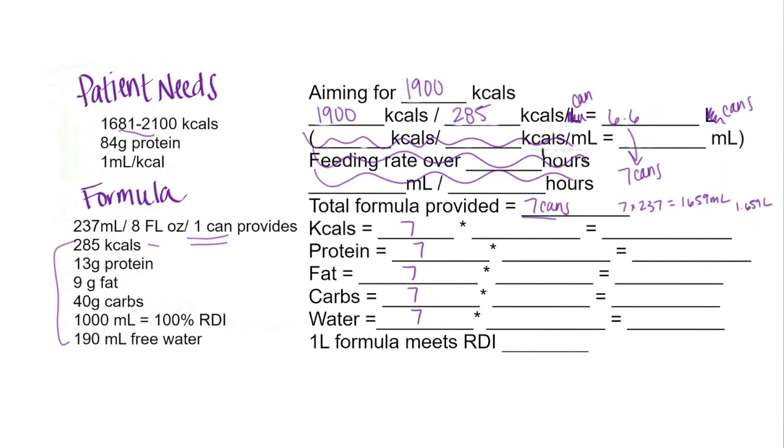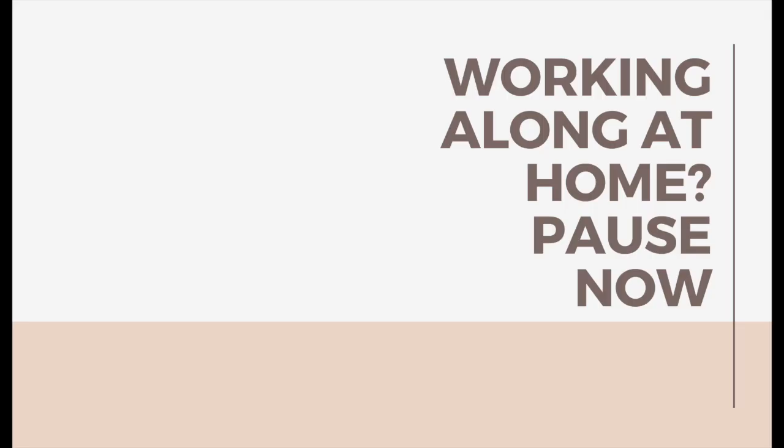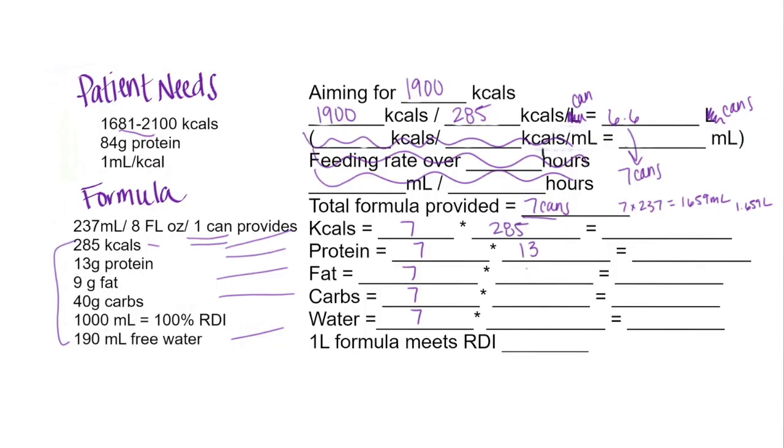And just like our last two examples, these all have lines straight across you can draw, and you can just put all of those next sets of numbers into these blanks. So as you can see, just as quick and easy as the last ones, multiplying the number of cans times the content of each can gives you the total number of nutrients we're providing.